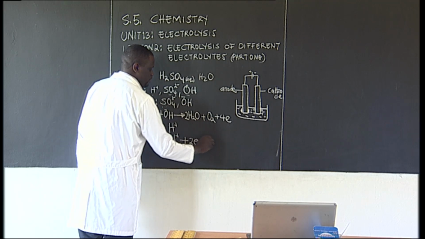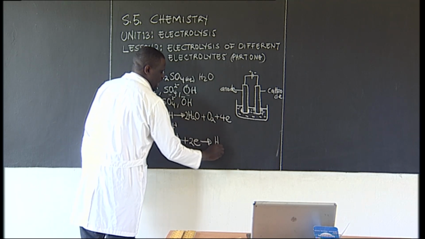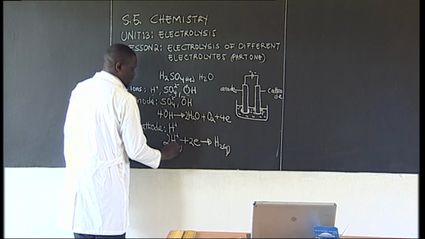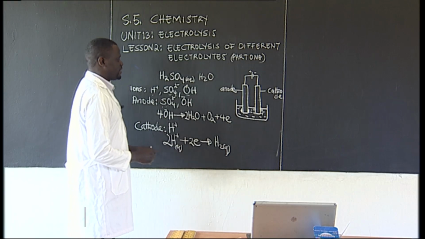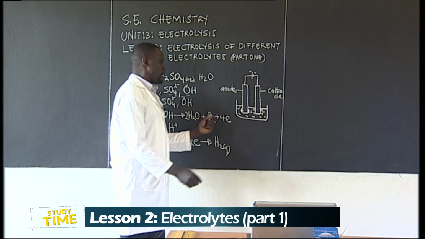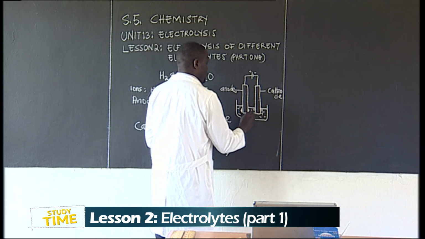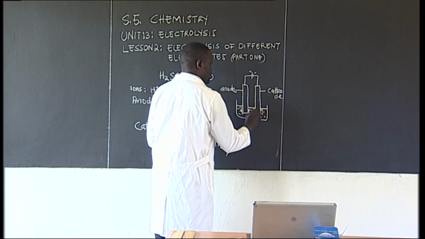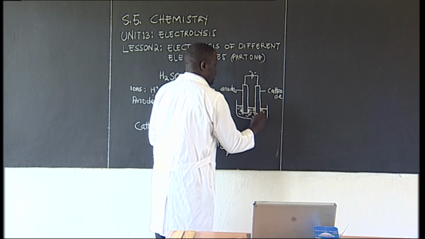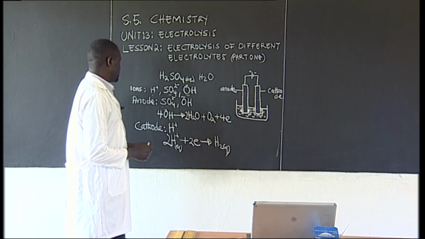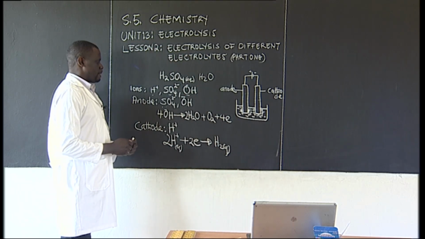We're going to produce hydrogen what? Gas. So this is why we say that when you're carrying out this electrolysis, you need to see bubbles. You need to see bubbles on both the anode and the what? And the cathode. That is the observation.